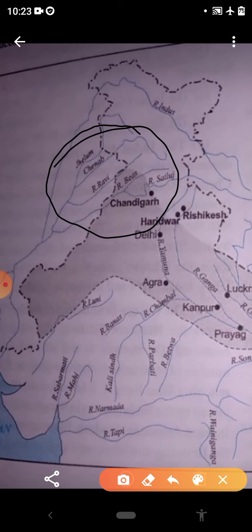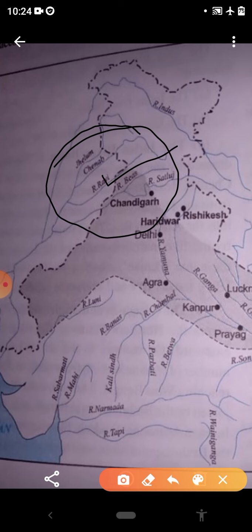The plains of North India, what I told you just now, can be divided into three main sections. The western part, what I have encircled just now, is known as the Punjab Plain, which constitutes a small part of the Indus Basin.